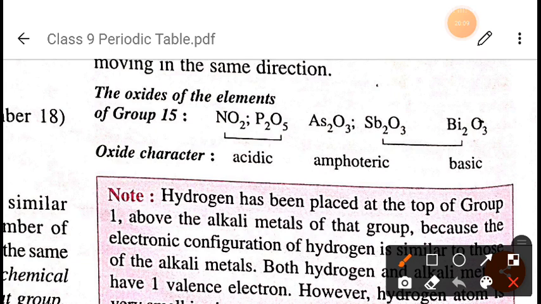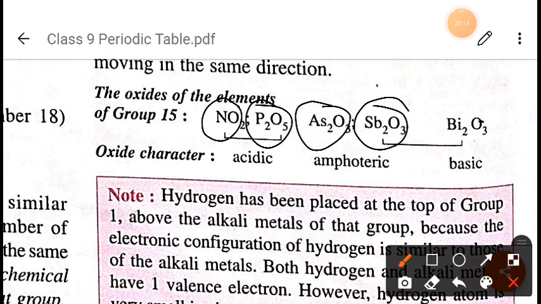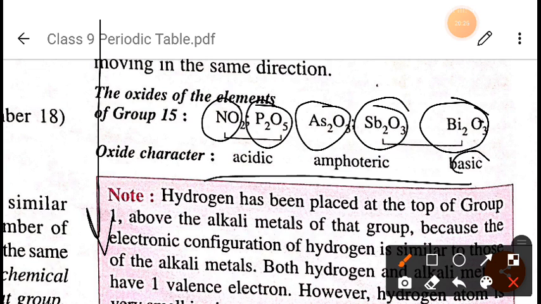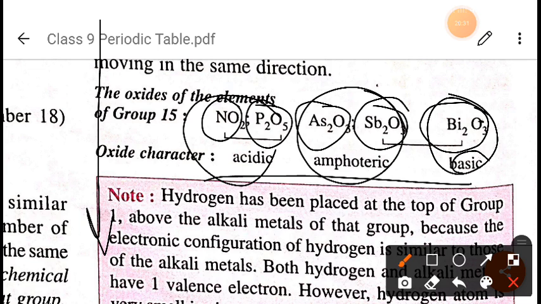This is an oxide of nitrogen, this is an oxide of phosphorus. After that, this is an oxide of arsenic, and this is an oxide of antimony, okay? And after that, this is an oxide of bismuth. So as you can see, when we are moving down the group, their oxides become more and more basic. This is basic, this is amphoteric, means it shows both the character of basic as well as acidic, and this is purely acidic.